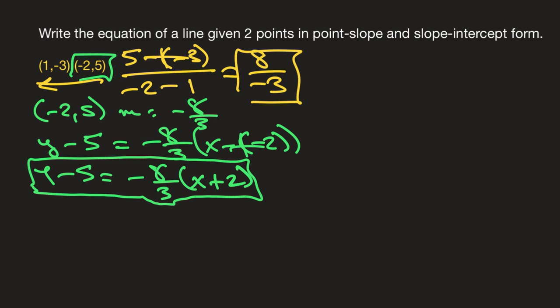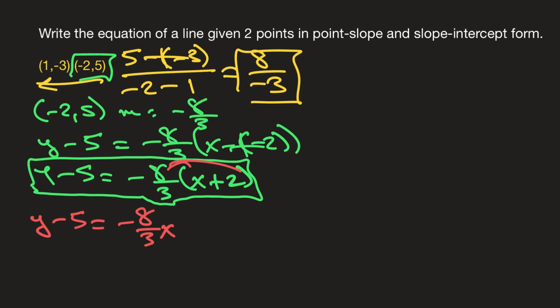Now, what makes this one a little more difficult? We're going to have to distribute a slope that is fractional. So we're going to go Y minus 5 equals -8/3 times X is -8/3 X. -8/3 times 2.